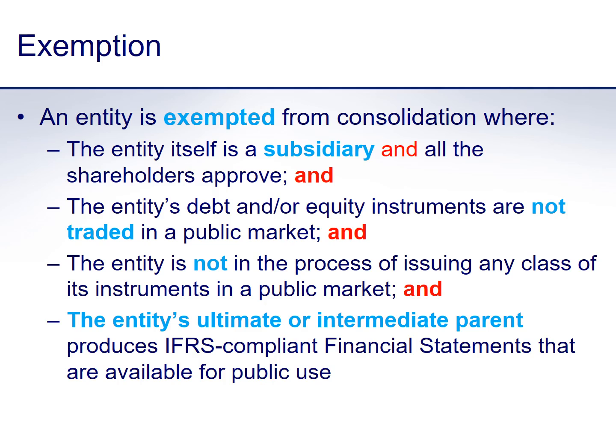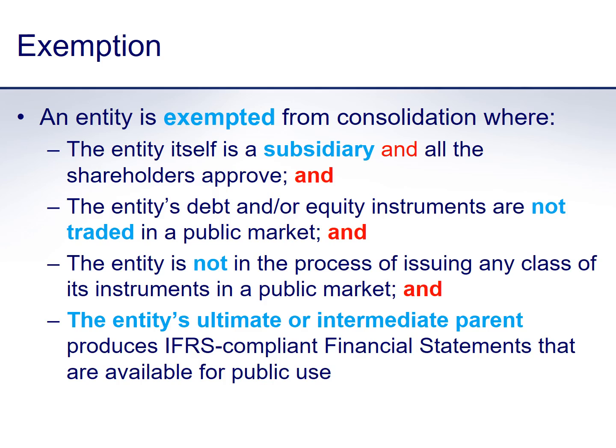The entity itself must not have any debt or equity instruments that are traded in the public market, nor should it be in the process of issuing any class of instruments for listing in a public market. And finally, the entity's ultimate or intermediate parent must produce IFRS compliant financial statements, in which presumably the entity itself, as well as any controlled entities, would ultimately be consolidated.